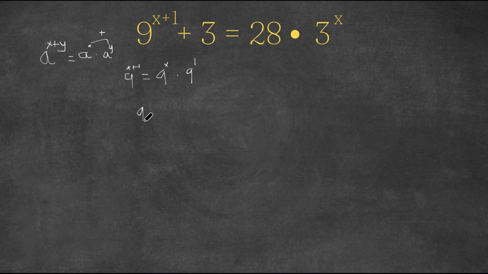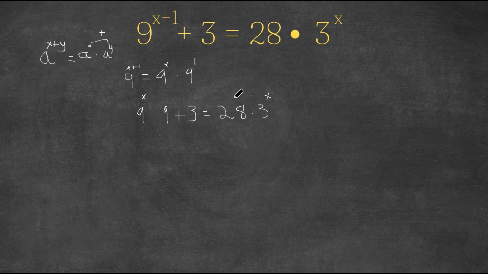We have 9 to the power of x times 9 to the power of 1, which is simply 9, plus 3, equals, this side is still the same, so 28 times 3 to the power of x.